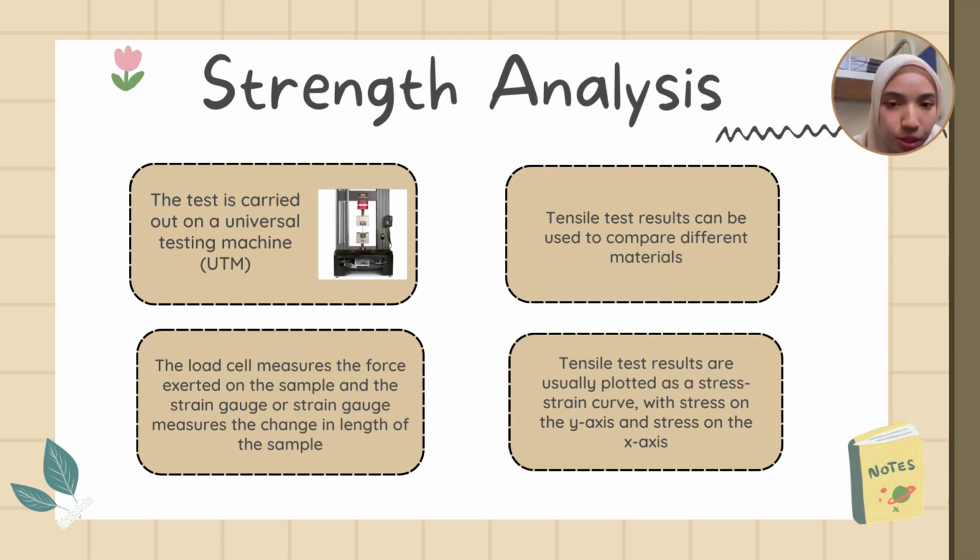We have three specimens, and these three specimens have different layers. For the first specimen, we have aluminum foil, and then we lay an aluminum sheet, and at the middle of these two layers is sandpaper.